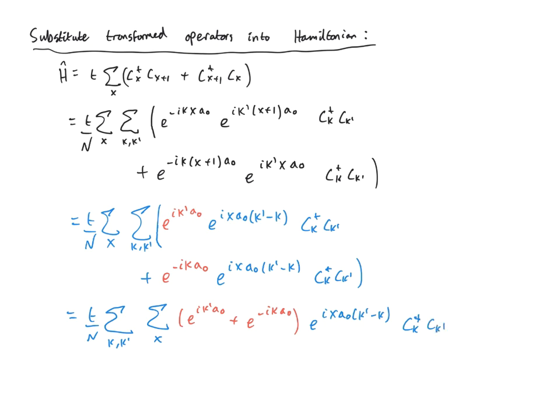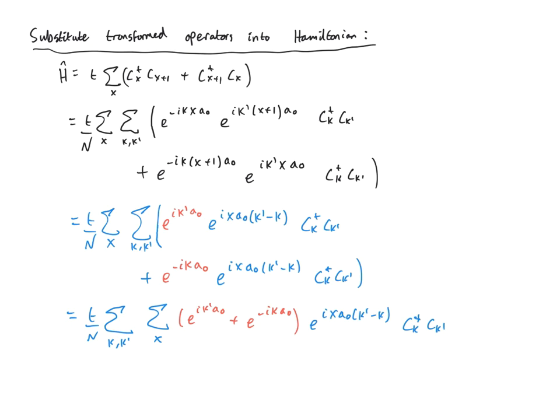And the nice thing about this is that we have the definition of the delta function hiding in here again. So I have 1 over n, the sum over x, and then e to the i x a naught k primed minus k. So all of this combination of things is equivalent to the delta function, and the delta function will collapse the double sum from k to k primed.